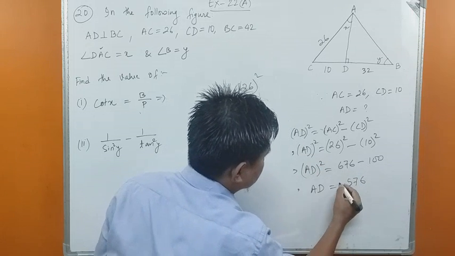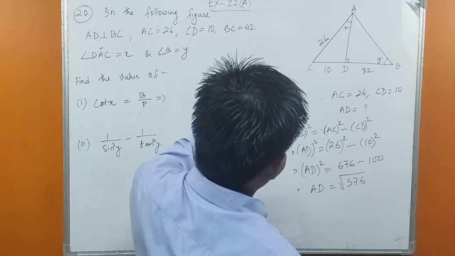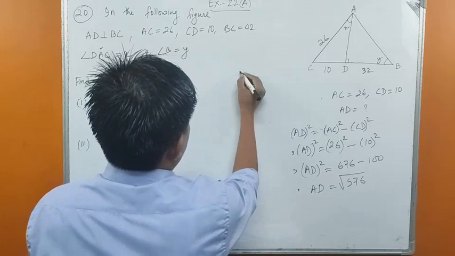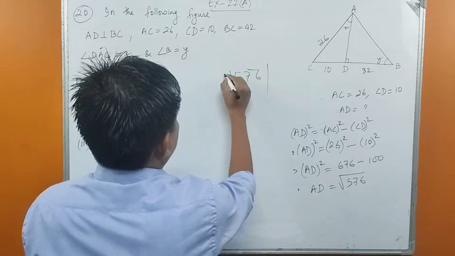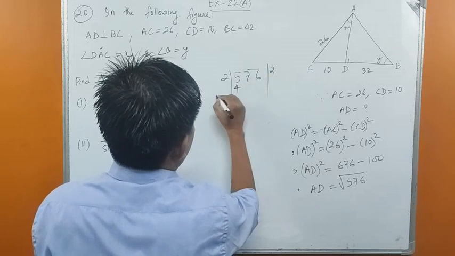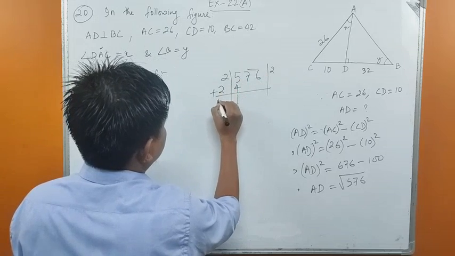So this square goes to the right-hand side and becomes a root, isn't it? So 576, is it a perfect square? Let's check 576. 2 twos are 4, 5 minus 4 is 1. We bring down the 76, and 2 plus 2 is 4.